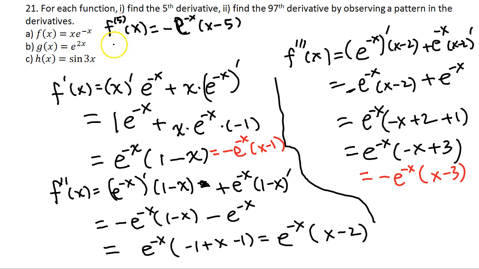And also f differentiated 97 times will be, because again this is odd, you need a minus, and x minus 97. That will be the answer for f of x.